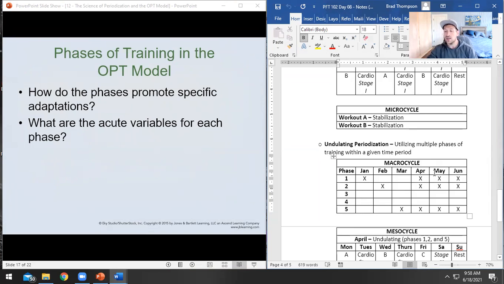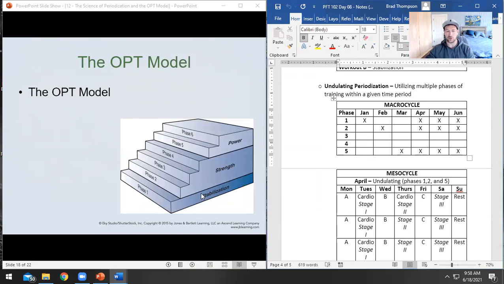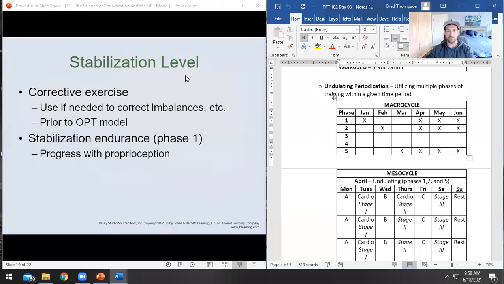So again, looking at how these phases and levels all interact together, we have to have a good understanding of what all of our acute variables are for each phase, right? So stabilization level, you're focused primarily on corrective exercise and developing stabilization endurance. How do we apply that progressive overload that I talked about?